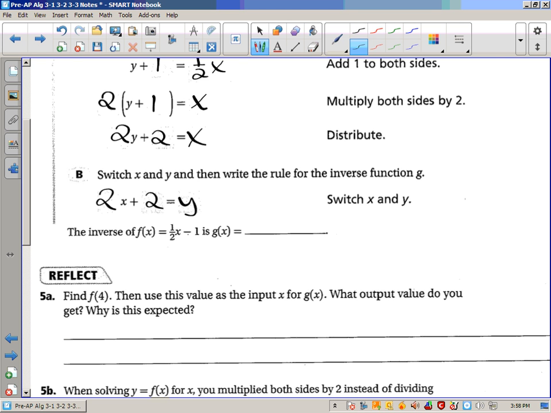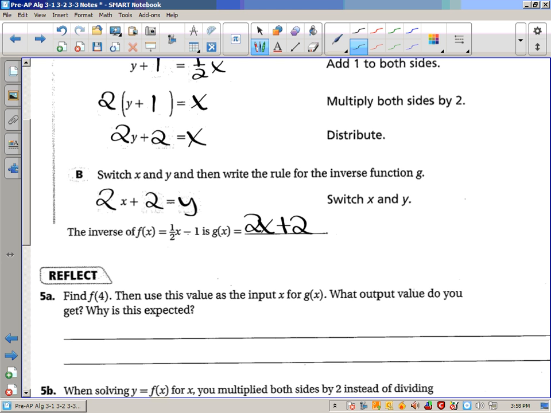Because again, in an inverse you switch the input and the output, the independent variable and the dependent variable. So if the function f of x equals 1 half x minus 1 is the original function, the inverse g of x would be 2x plus 2.